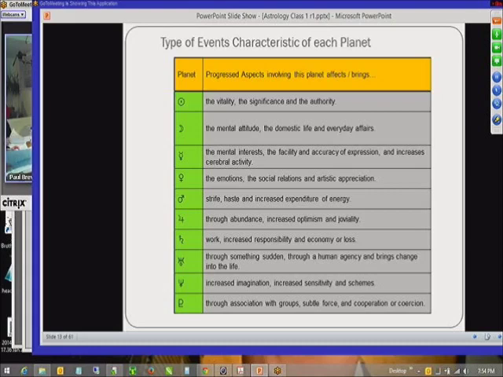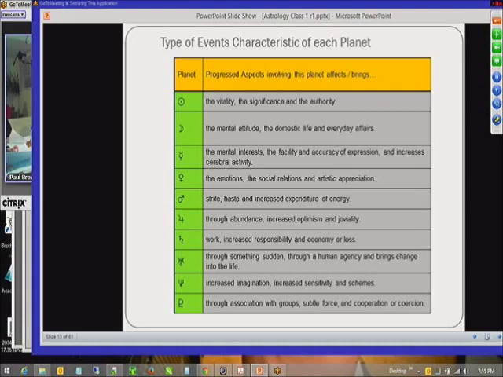If you go down, any house that has Mars in it is going to be characterized by strife, haste, and increased expenditure of energy. Those three things: strife, haste, and an increased expenditure of energy. Now, that's what you build your vocabulary around, because those are the three things that are very characteristic of Mars. Okay, what is strife? Strife could be friction.